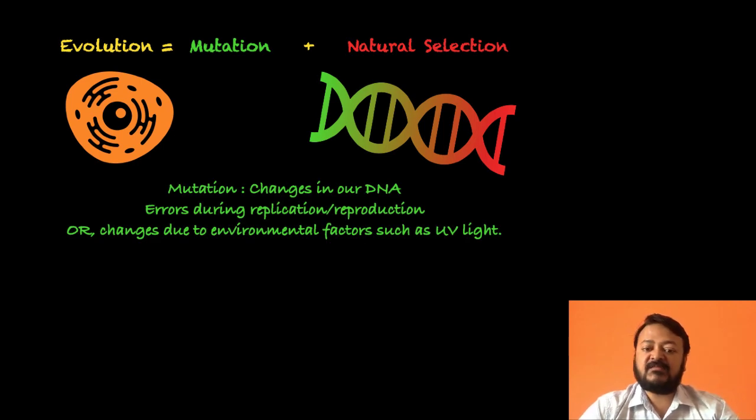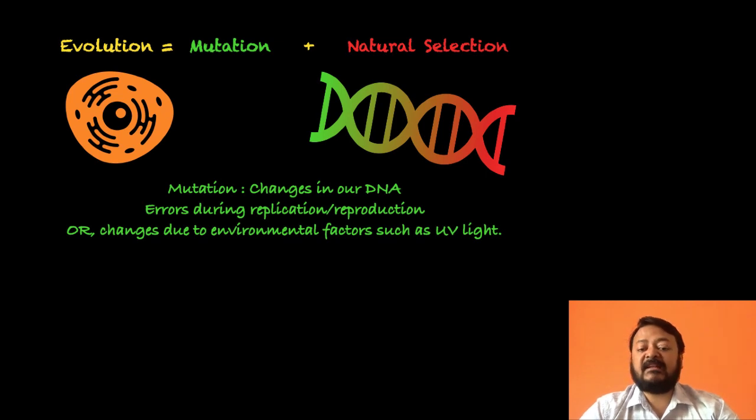In very simple terms, mutation is basically a change in our DNA. This change can happen due to many reasons. The primary two reasons are that when a cell reproduces, when a cell divides into two, there can be errors in replication, or errors during this process of reproduction. That is one way by which mutations can happen.